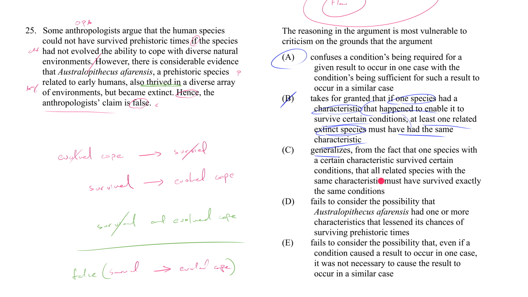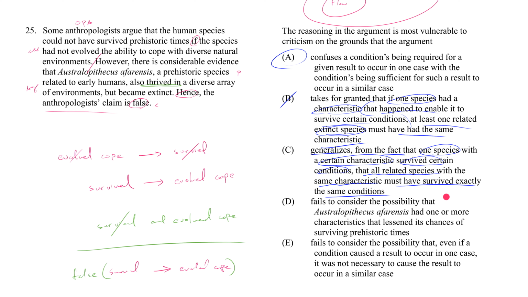What C is saying is that we establish a fact that Homo sapiens had pro-social tendencies, and that allowed Homo sapiens to survive certain conditions. That's true, that's a fact. So from this fact, we generalize that not only was this true of Homo sapiens, but all of our related species, A. afarensis and all the other names that I don't know, the ones that also had pro-social tendencies, must also have survived the exact same conditions.